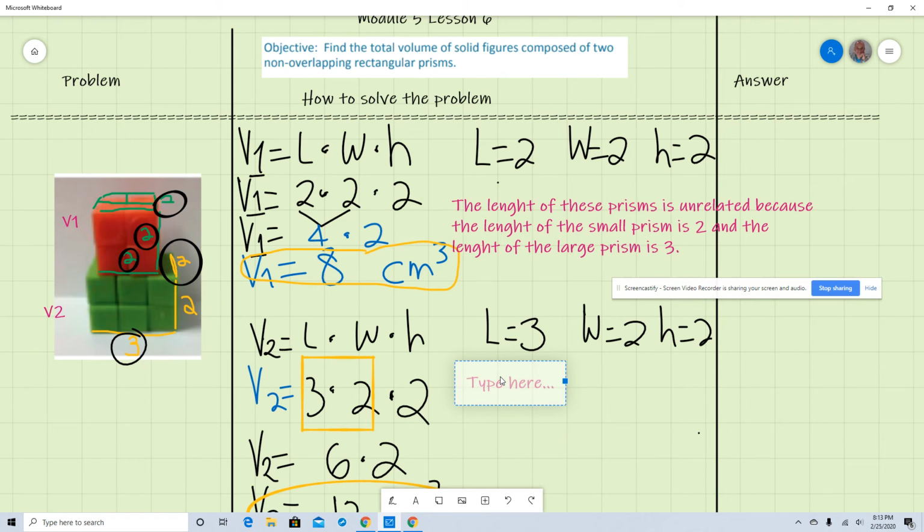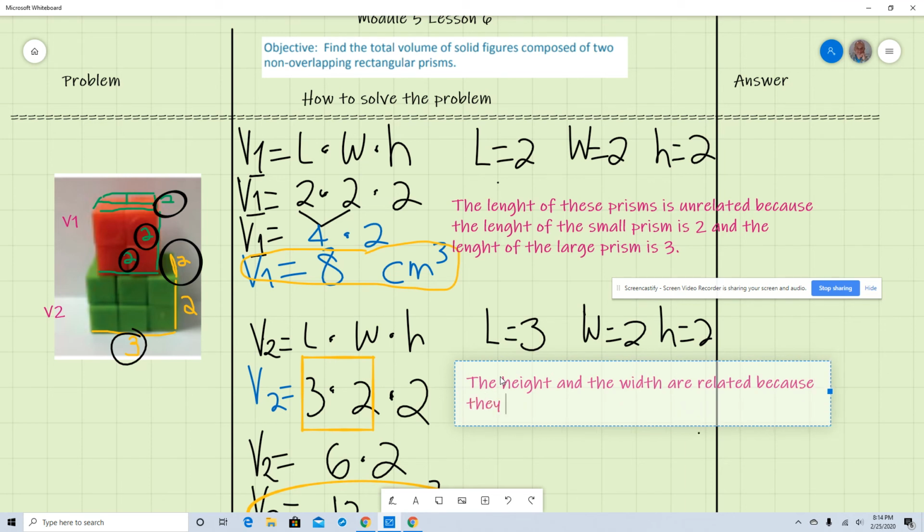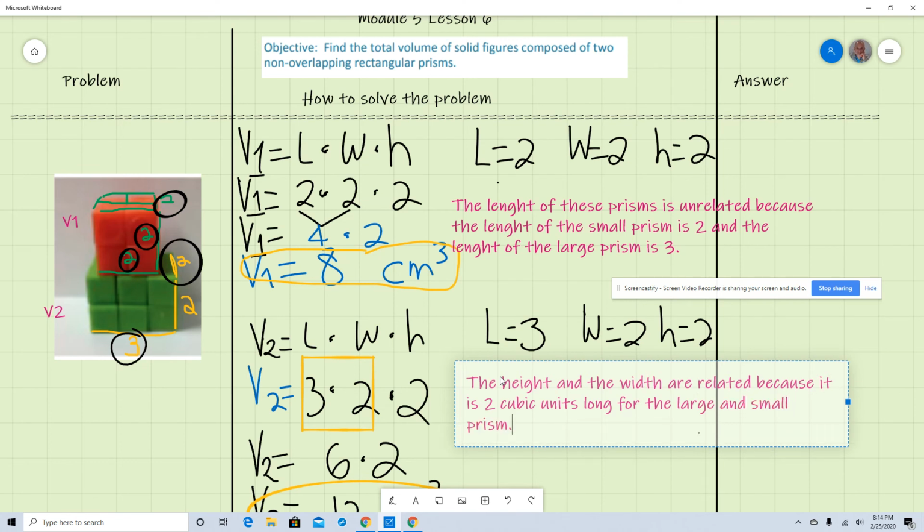So the length is different, but the height and the width are related, because it is 2 cubic units long for the large and small prisms. So this is how you're going to write the answers when you do the reflection.